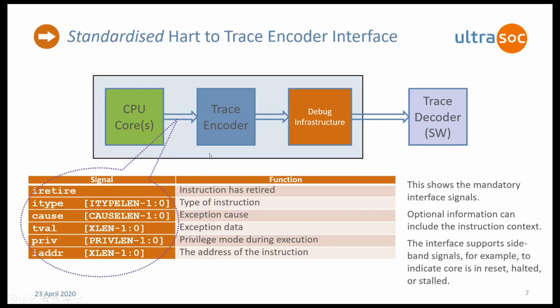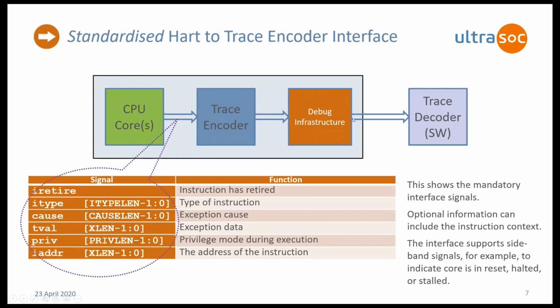In terms of the overall flow, the CPU core is going to be running whatever workload it is running. The trace interface will report retired instructions. The trace encoder will collect this information and form what are referred to as trace packets. We will see what those contain in a few minutes.